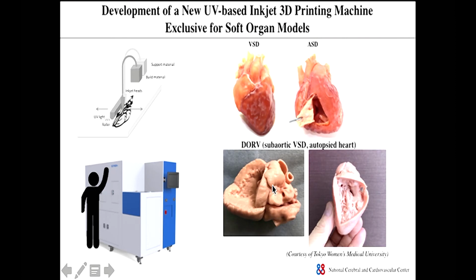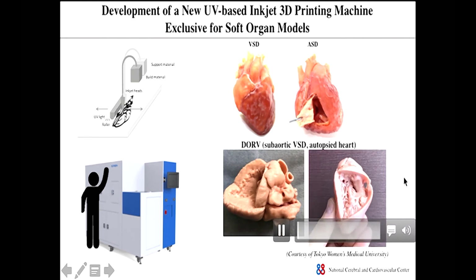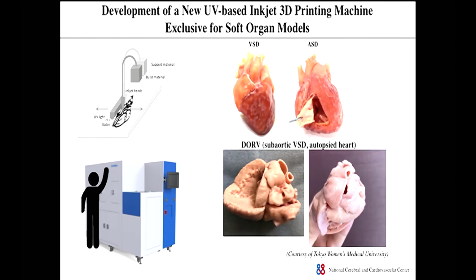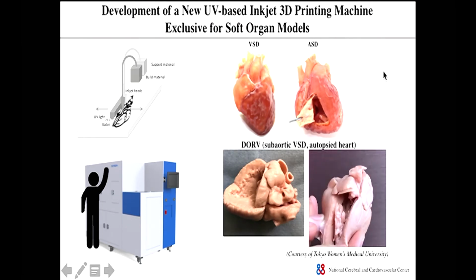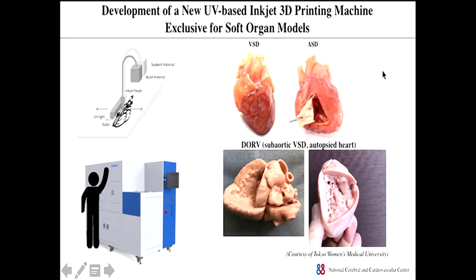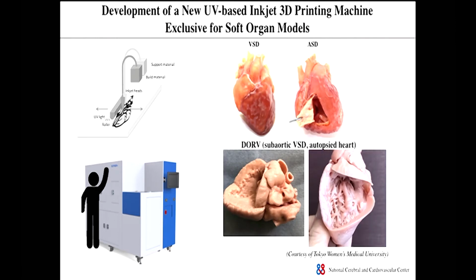We have to soak this model in water, but we are able to reproduce a very accurate 3D structure from the autopsy. This is an autopsy heart scanned in almost 30 minutes. Very soft and wet. I have a sample right here, and I'll show you later.